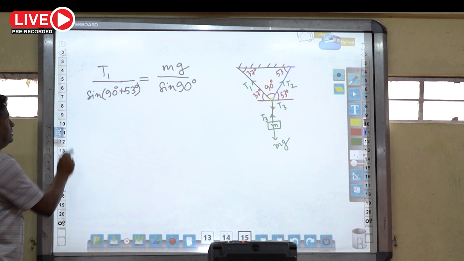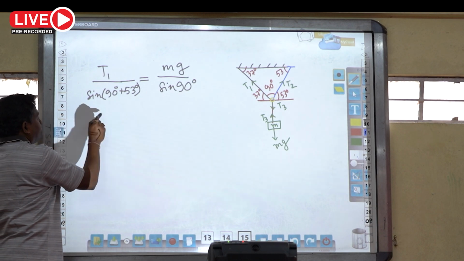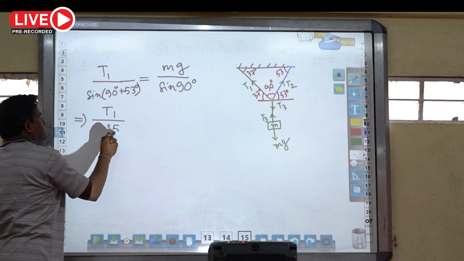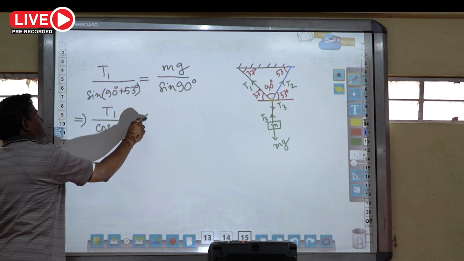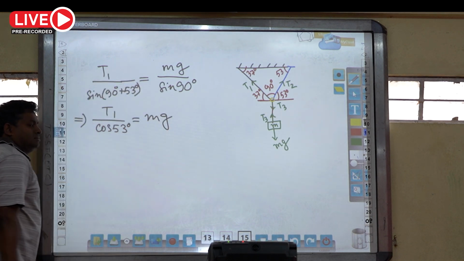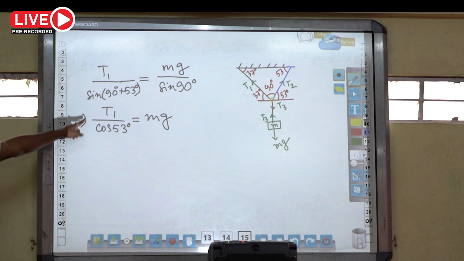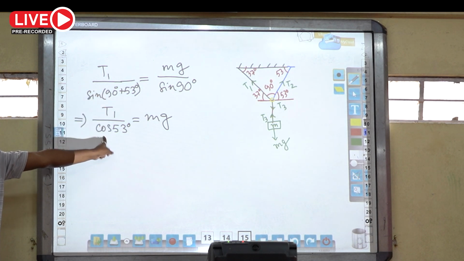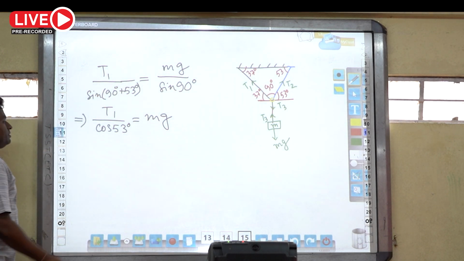Okay. Then this one will be T1 cos 53. This is equal to mg. In the second quadrant the sign is positive, and since it is an odd multiple of 90, it will be cos. What is cos 53?